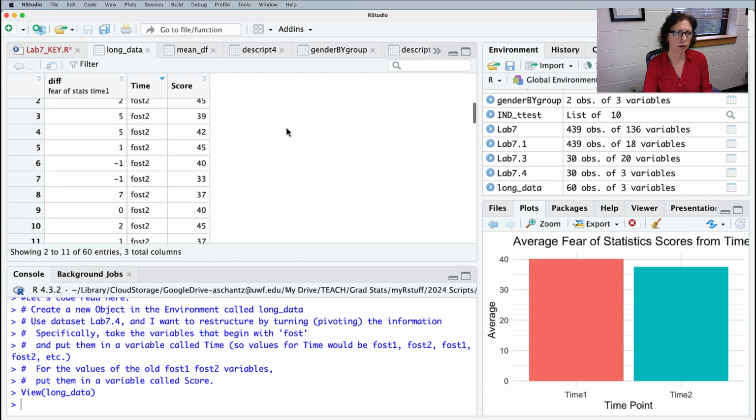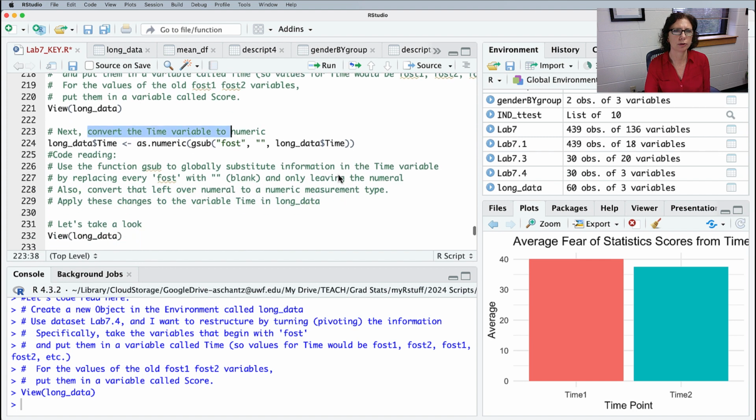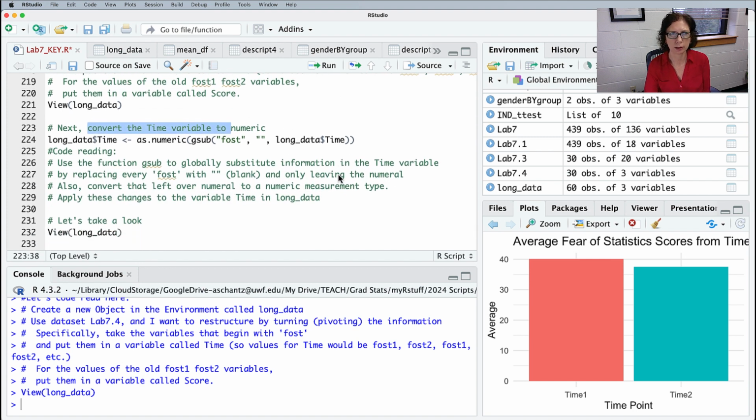So with all of that, now we're going to convert the time variable to numeric, because right now it's a string. It says FOST1 and FOST2. But what we're going to do here is use the function gsub to globally substitute the information in the time variable. What are we going to substitute it with?